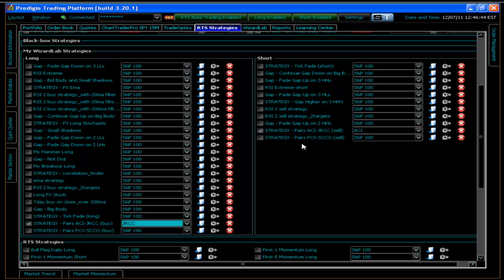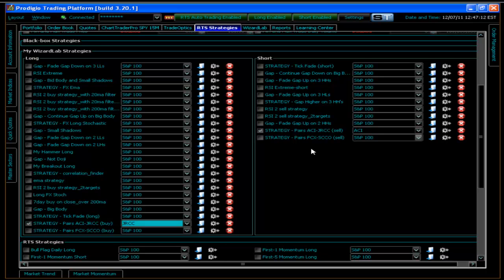In this case, remember, this is a long one, right? If I'm buying the spread, it's a buy on the first symbol and a short on the second symbol. So it's essentially the opposite of what I did with the ACI JRCC. If you recall from earlier, I already have these stocks in the watch list. You saw the FCX SCCO there.